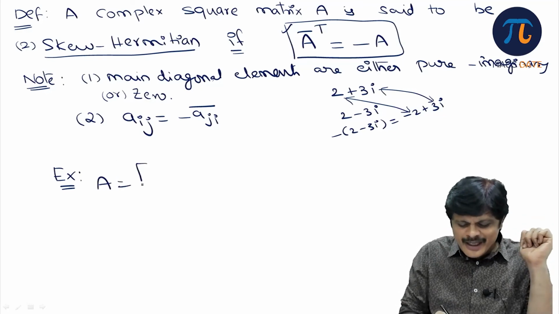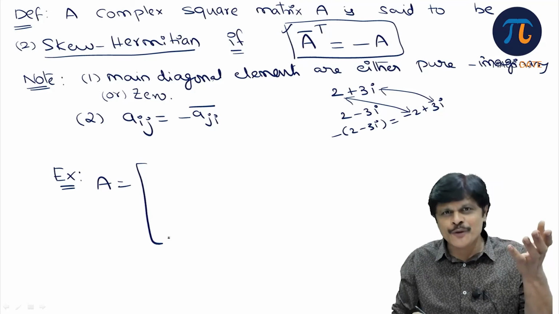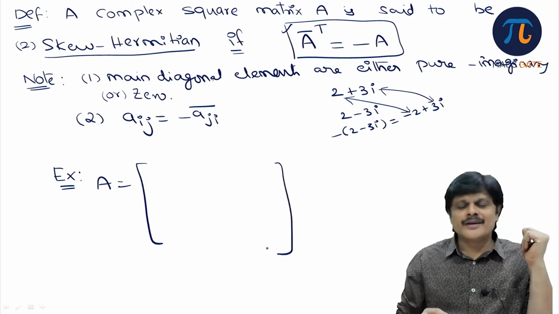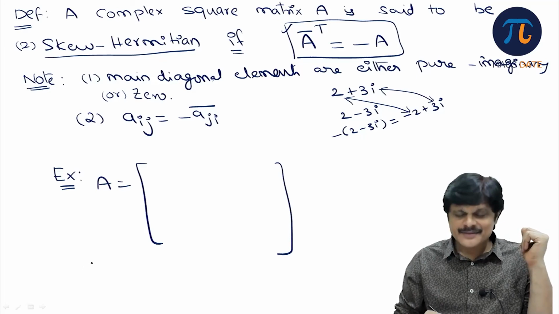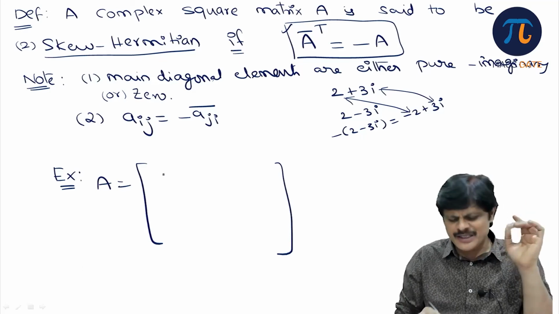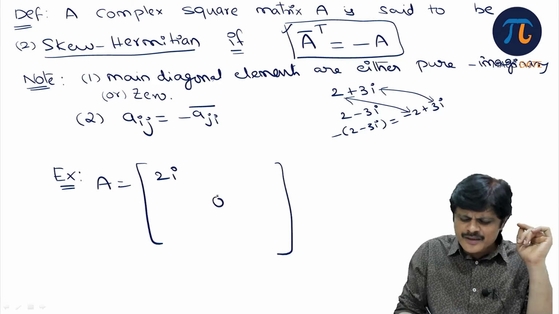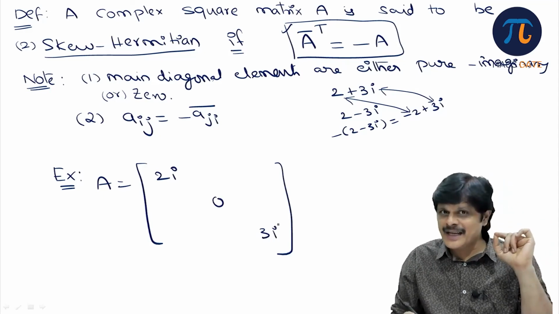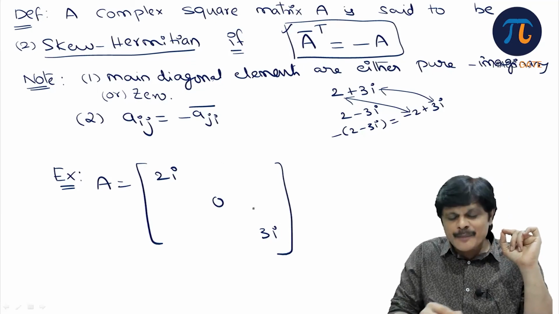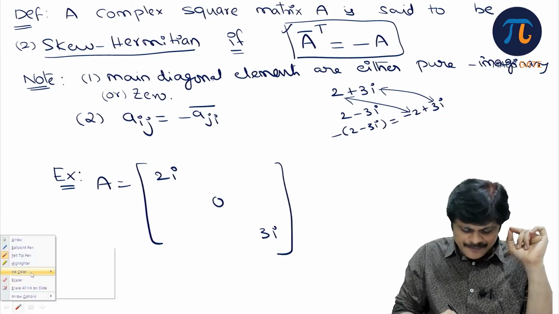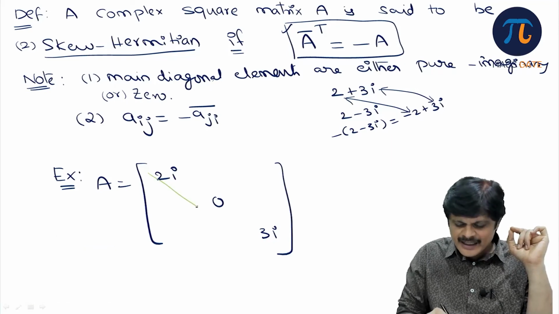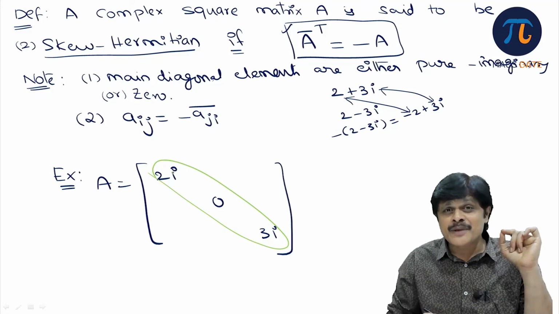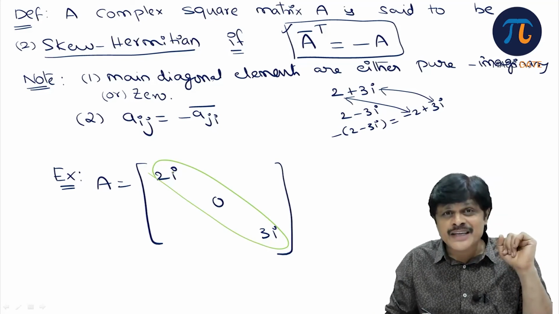See, if you can create a skew Hermitian matrix on our own, we can easily identify. Got it? What must be the main diagonal elements? 0 or pure imaginary: 2i, 0, 3i. Next, if you take the main diagonal as mirror, the mirror images must be minus conjugates of each other.